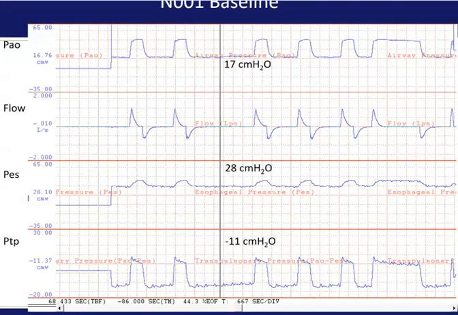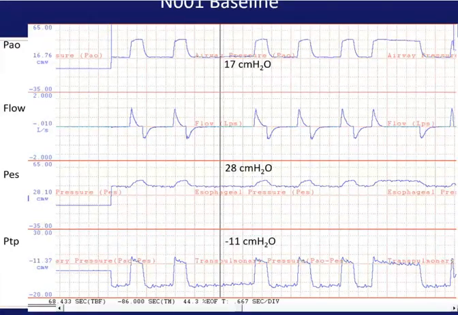This is a sample of a patient in our current study, which just closed. Actually a Canadian patient. This was a very obese man who was being ventilated with a PEEP of 17 centimeters of water. You can see that up top on the airway pressure tracing. The esophageal pressure was very high because the patient was so obese. This was a medical patient, not a surgical patient. I believe they had the flu.